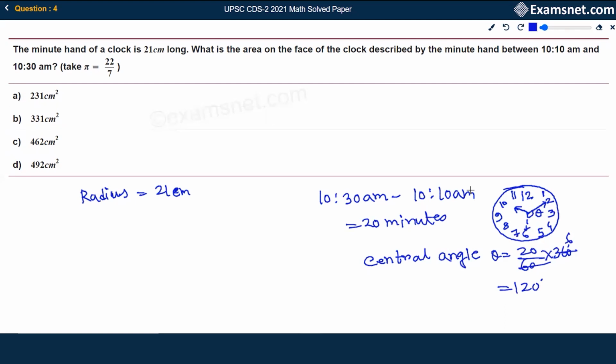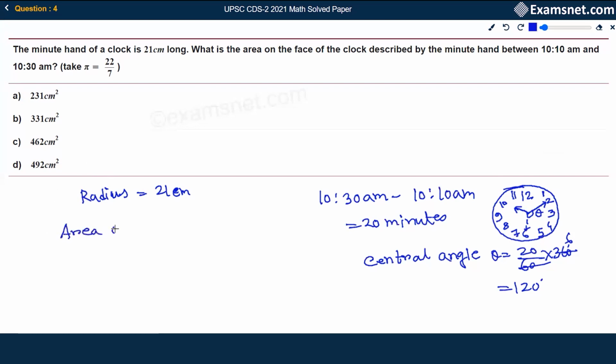Okay, next, as I have already drawn the figure, we can easily see that there is a sector formed in between this portion. So what is the formula for finding area of a sector of a circle? Let me first write the formula.